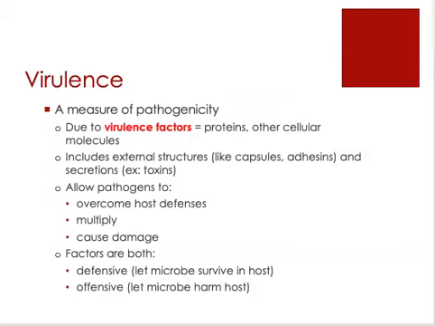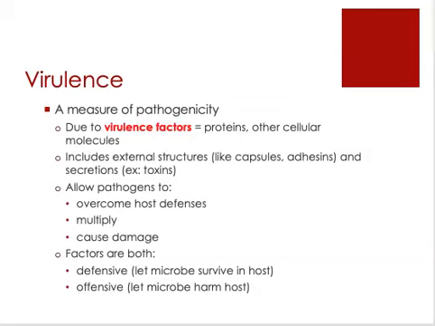So virulence, again, is a measure of how pathogenic, how virulent an organism is. And again, we can investigate the virulence of an organism by looking for products or molecules that microbe produces that help make it more pathogenic, more virulent. These are often proteins or other cellular molecules.